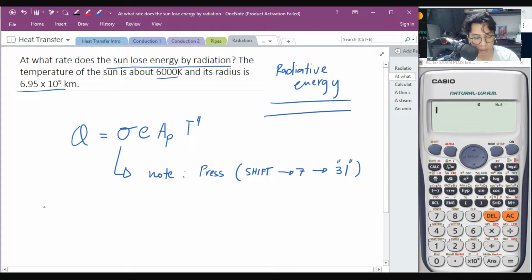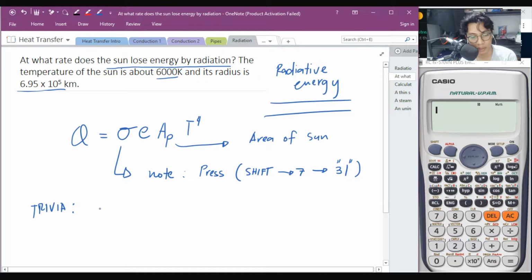Pwede natin ilipat. And ano ba ang hugis ng sun? The area projected here. The area of the surface, okay? Sun. Ayan. So, ang sun is spherical. Okay? Trivia. Ang earth po ay flat. No. Ang sun po ay oblong.